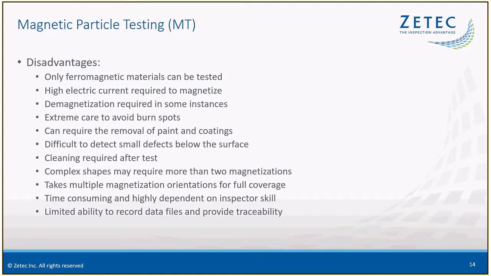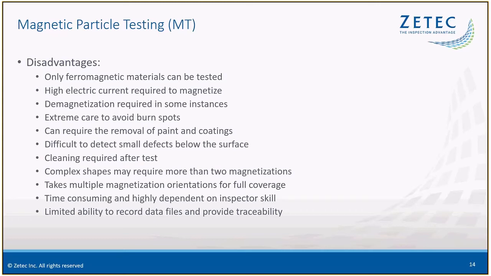And in some cases, you do have to remove the paint and coatings to be able to get this to show the indications. Detecting small defects below the surface can be challenging. You can get small defects on the surface pretty well, but when they're subsurface, that can be hard.